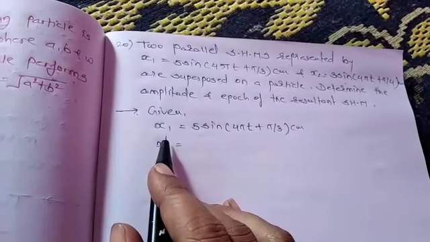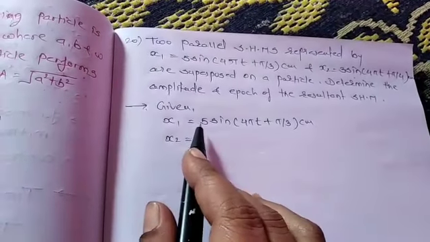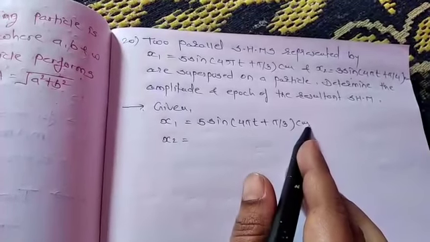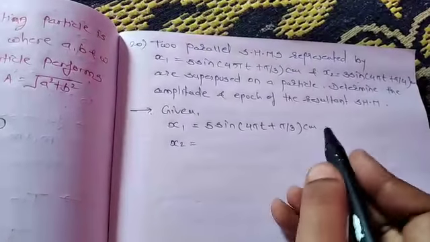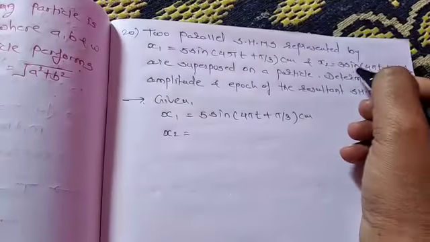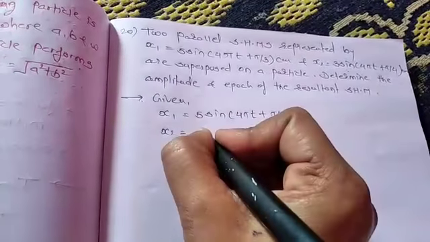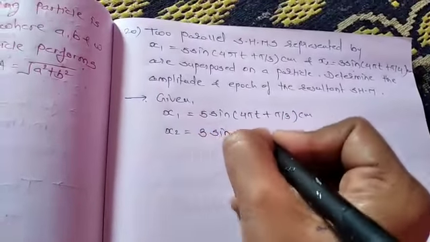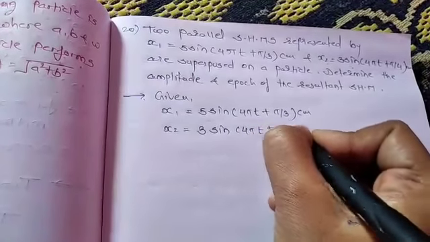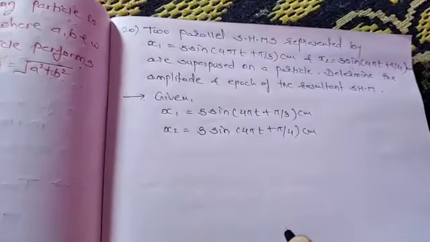So I have written here the first equation as x1 is equal to 5 sine of 4 pi t plus pi by 3, in centimeters. Then the next equation is x2 is equal to 3 sine of 4 pi t plus pi by 4, again in centimeters.